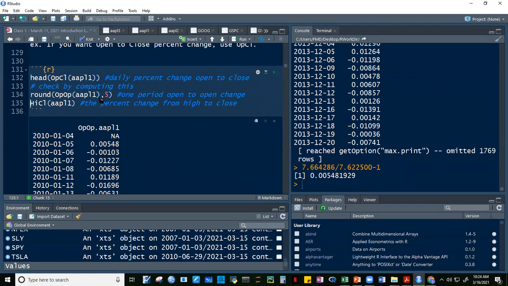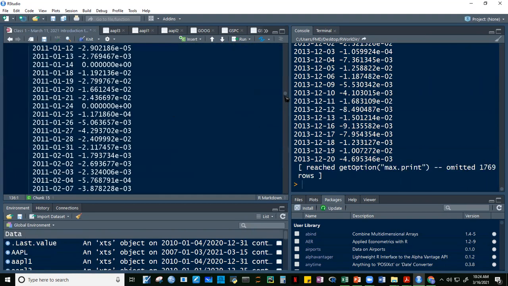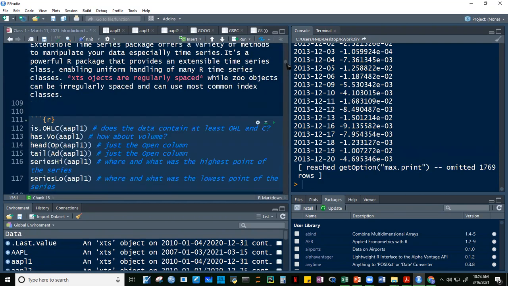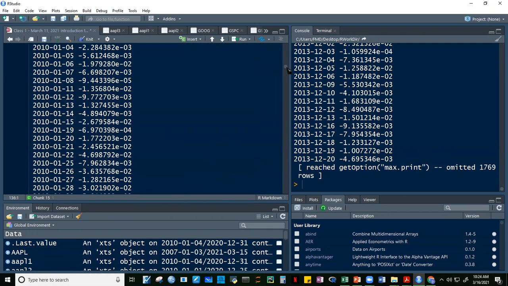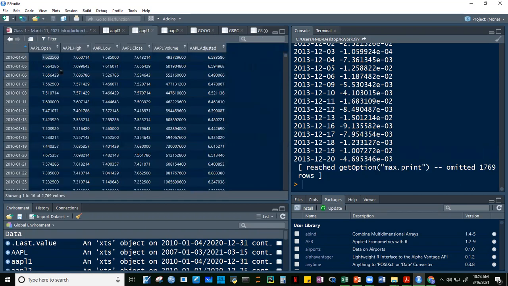And then we can also get the percentage change between highest and the close. Let's run that. We did not put the round. Highest and the close, that will be of the same day, because both are on the same day.